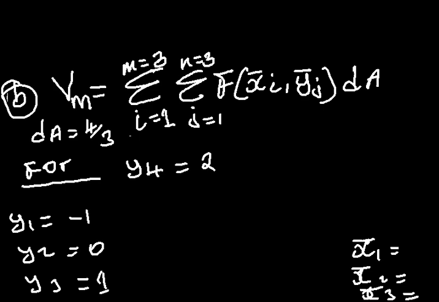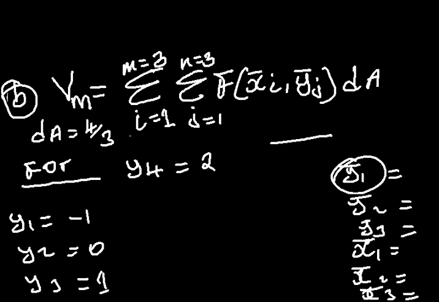Then you present this on the number line as well, where you generate y1 bar, y2 bar, and y3 bar. You do the same. Then you combine these sub-intervals in the same way.